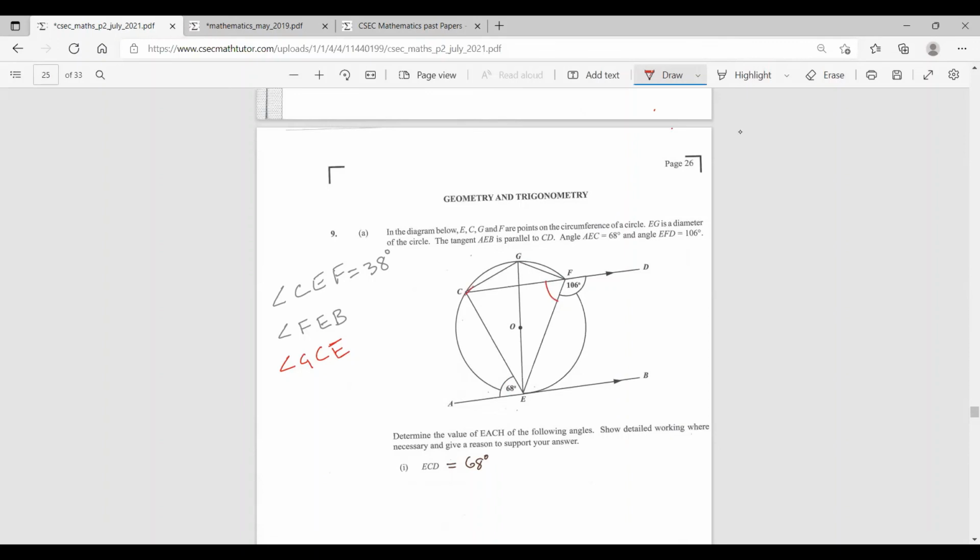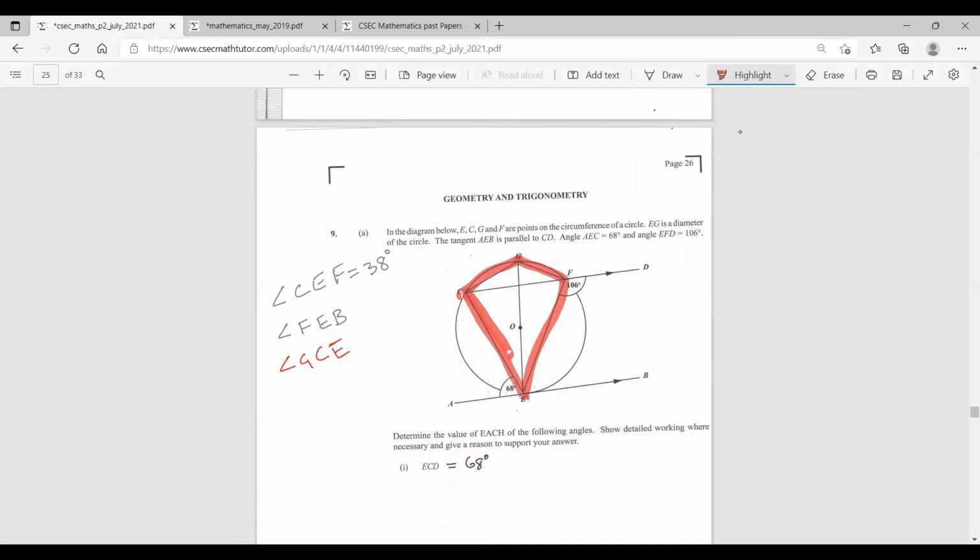Because this is the shape that we're watching, right? The cyclic quadrilateral. This is the shape that we're watching.